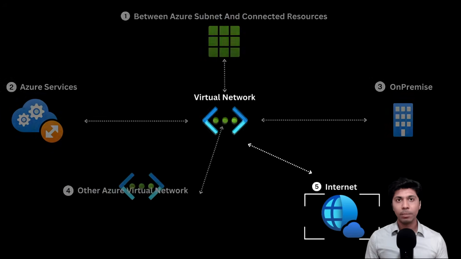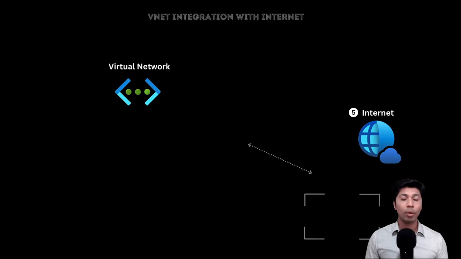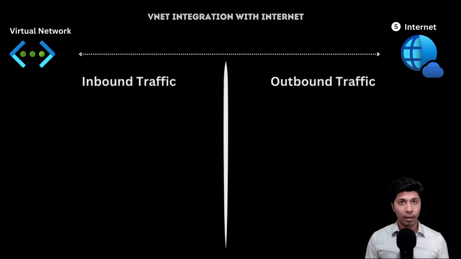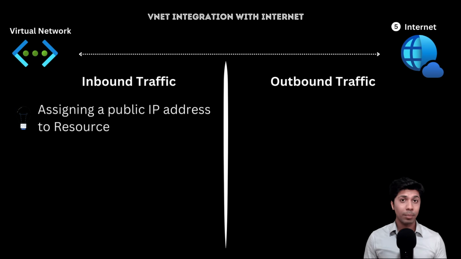Here, we'll deep dive into the different offerings for inbound and outbound connection to the internet. Let's focus on inbound traffic and the ways to connect. First, and the simplest way, is assigning a public IP address to your resource. This way, you can directly connect to a resource or a service and send traffic to it.